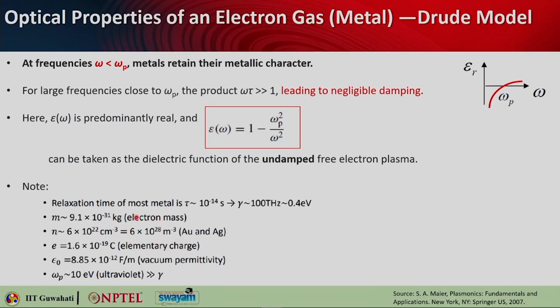You can see how many electrons are there in 1 meter cube of gold and silver. Permittivity and all these values are already known to you. Now, what is this? Omega p turns out to be 10 electron volts. So, it is typically in the ultraviolet range. Okay. And you can see this is much larger than the collision frequency. Okay. So, you can actually see this approximation is fine.